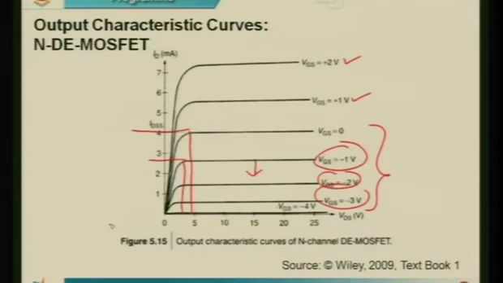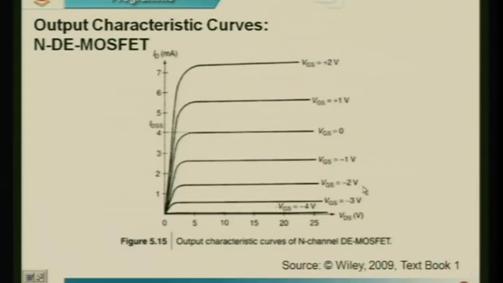So increasing the depth of the channel is like enhancing your channel, or enhancing the current carrying capacity of your device. So a depletion MOSFET can also be operated in its enhancement mode. That's the beauty of this device. You can use it as a depletion device, you can also use it as an enhancement device, and this is how the curves would look. So that's one interesting feature of a depletion MOSFET.